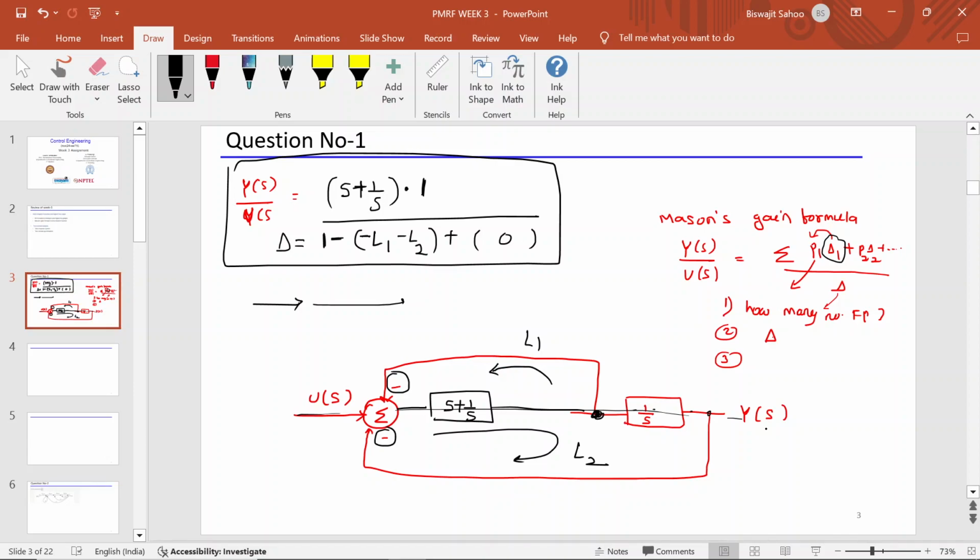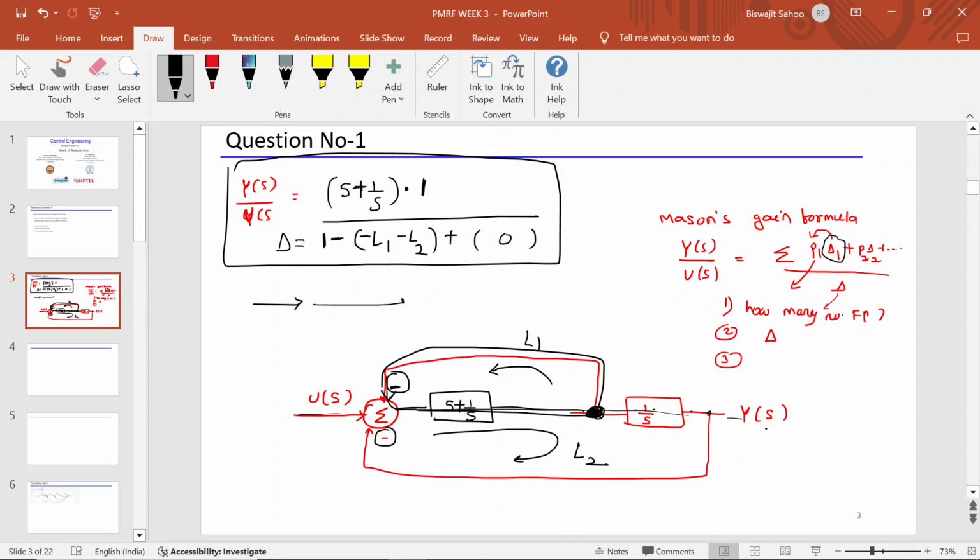Backward path means suppose I start at this point, and there is a path by which I can reach the same point again. Here you see this black trace, and the arrow is coming back and reaching the black point. So this is a loop, called a negative feedback loop because the sign is negative.